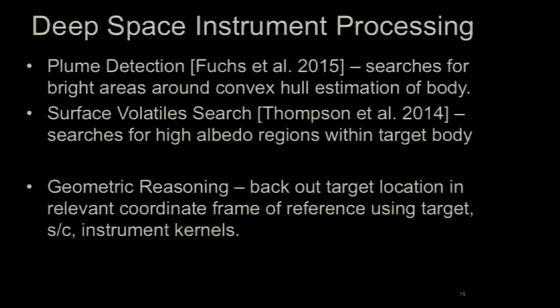Now I'm going to switch gears a little bit and talk about some very specific methods that we've used for deep space scenarios. Specifically, we're looking at what we call narrow field of view targets in a small body. We have sets of missions that want to go to comets and asteroids, and there are certain wide area searches that you're going to do, let's say with a wide angle camera, and then you want to focus in on very specific things you find.